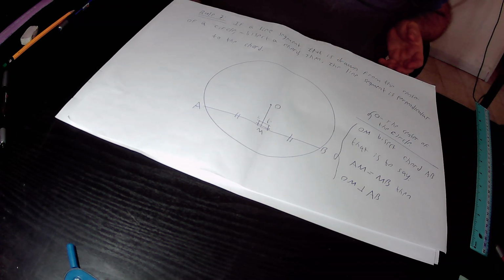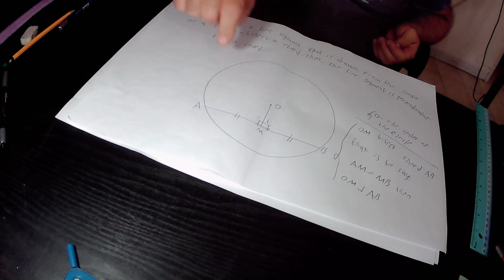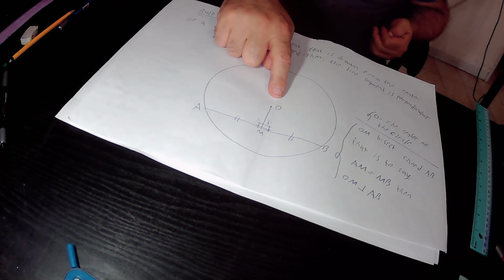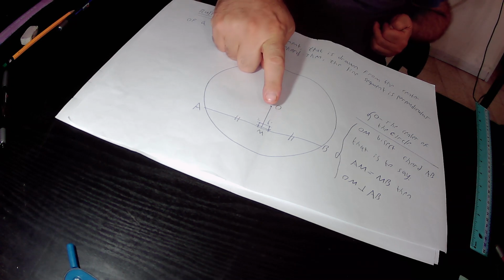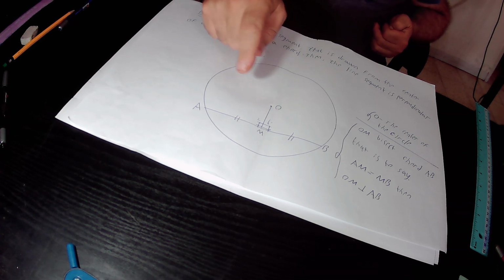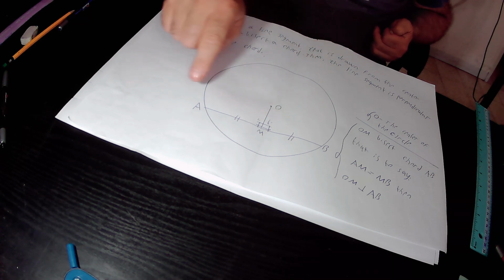According to rule 7, if a line segment is drawn from the center of the circle and bisects the chord, then the line segment will also be perpendicular to the chord. So in the drawing we have a circle, the center of this circle is O. And we have line segment OM that bisects chord AB.